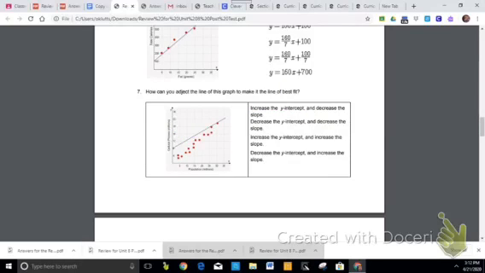So increasing the y-intercept is not a good idea. It says decrease the y-intercept. Is that a good idea? If we go from 6 to 0, is that a decrease? Yeah, that would be a good answer choice. But we have to look at the slope.